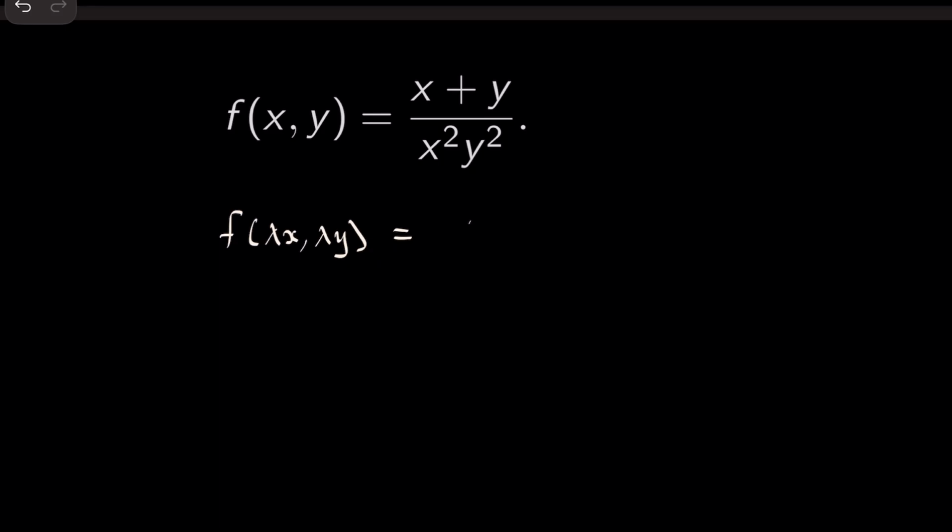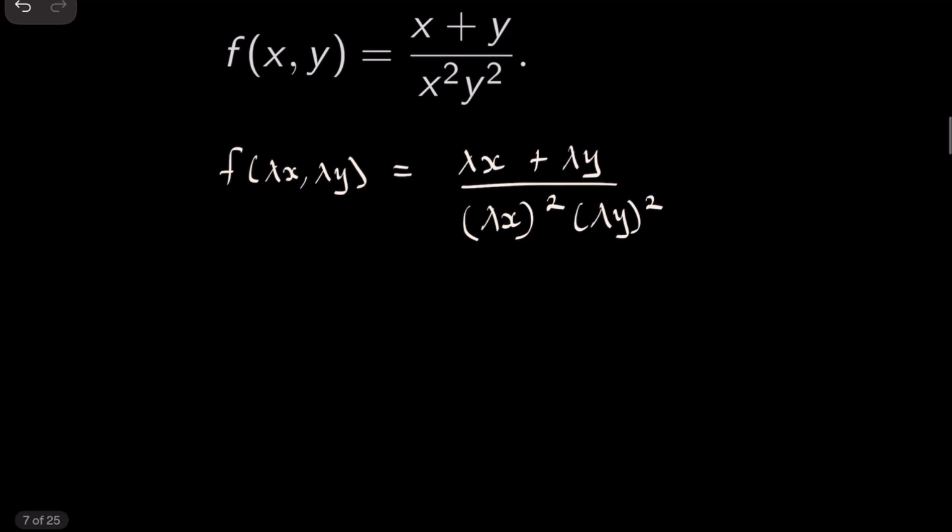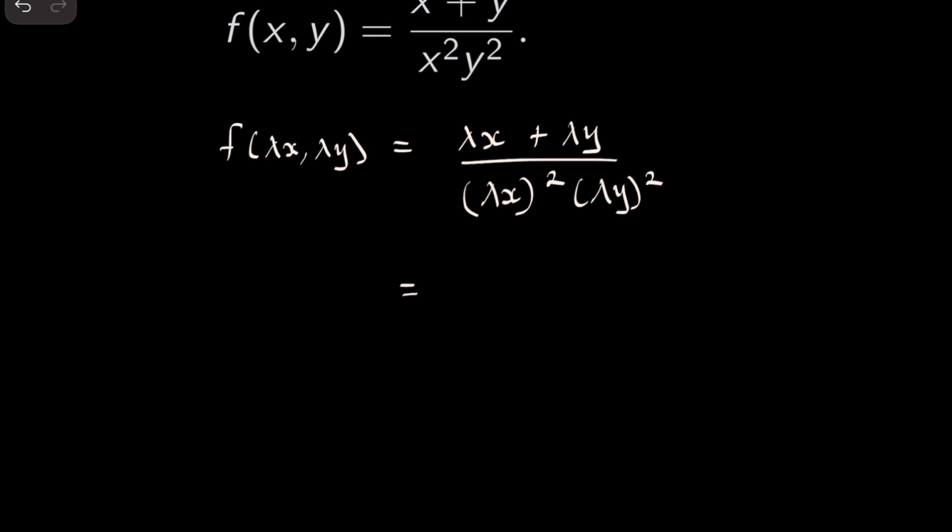And so we are going to have lambda x plus lambda y divided by lambda x all squared plus lambda y all squared. Now let's simplify the denominator.